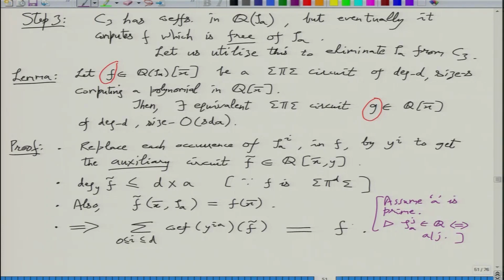For example, if a is 3, then 1, zeta 3 and zeta 3 squared, out of these three only one is rational, the other two are actually complex, right.